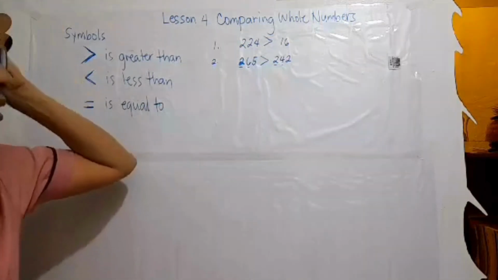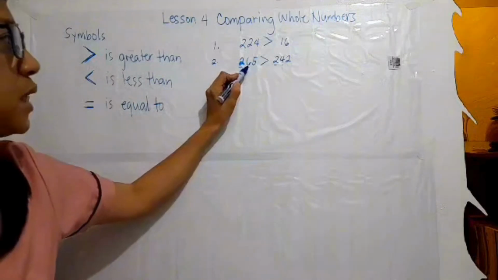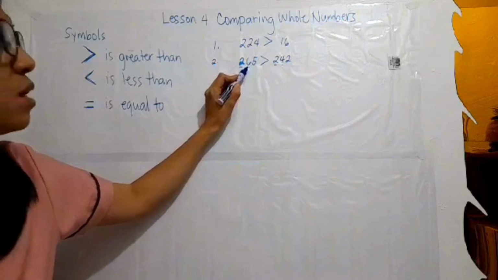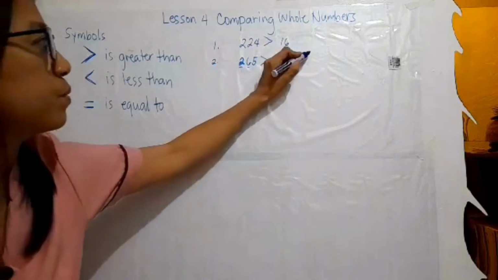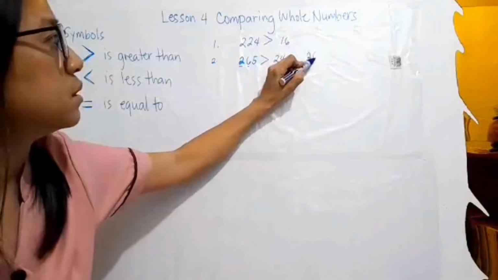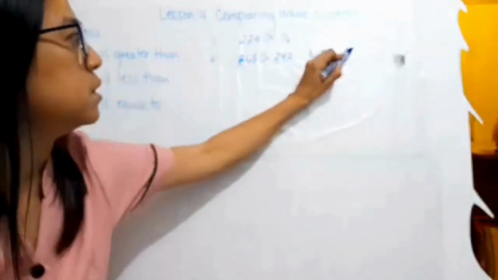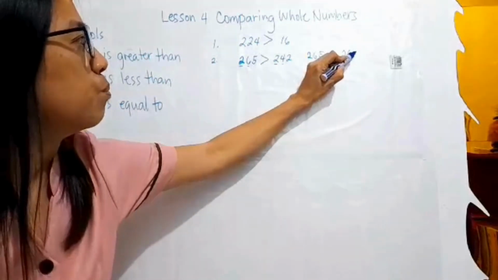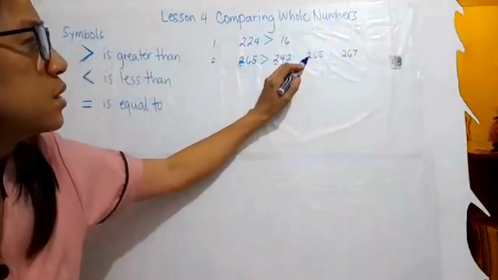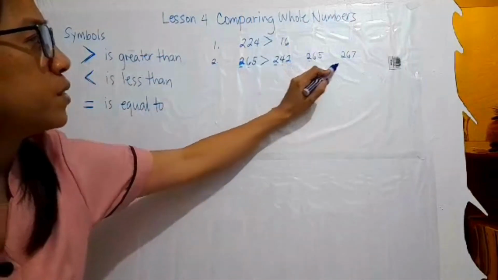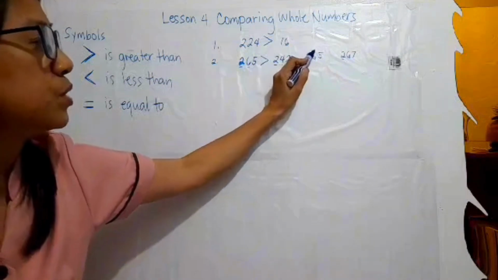Now, if for example the middle digit also has the same number, like for example, 265 and 267. Okay, so if we compare the first digit on the left, they are the same, so we proceed to the next.